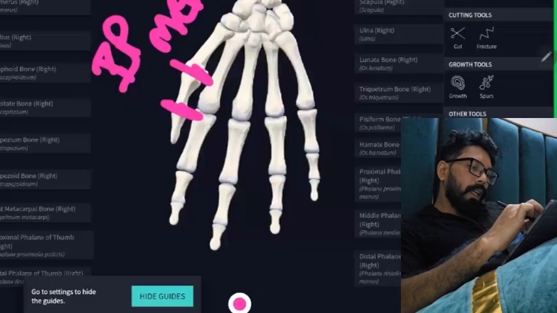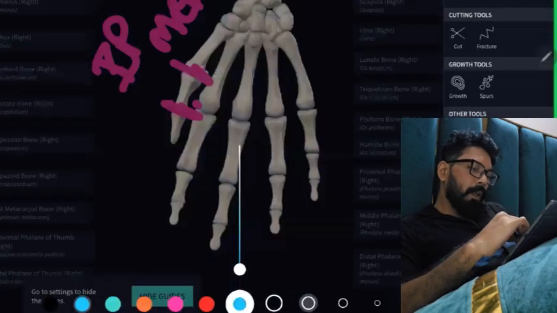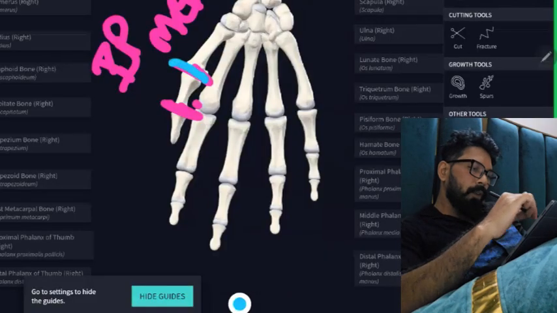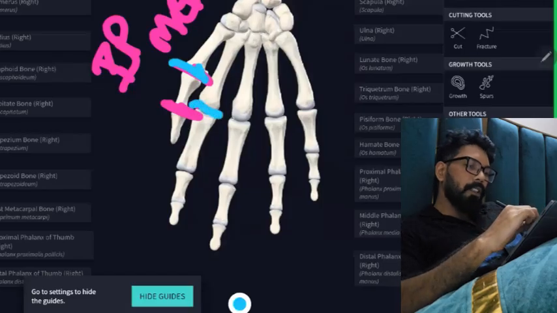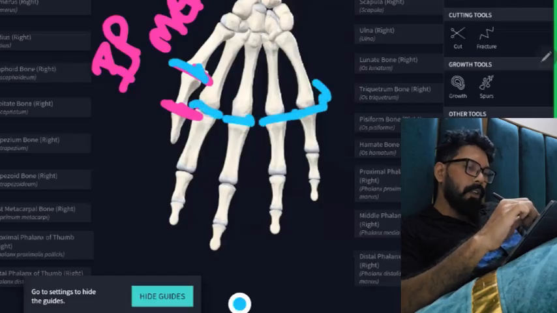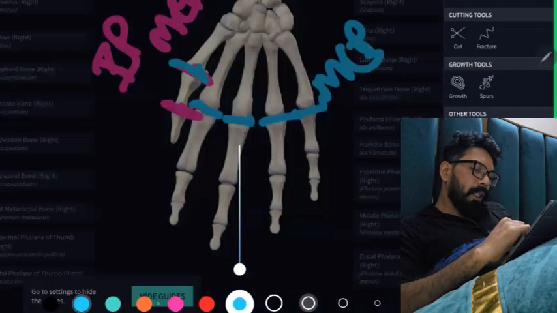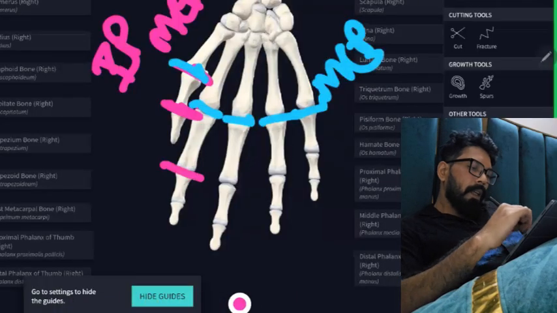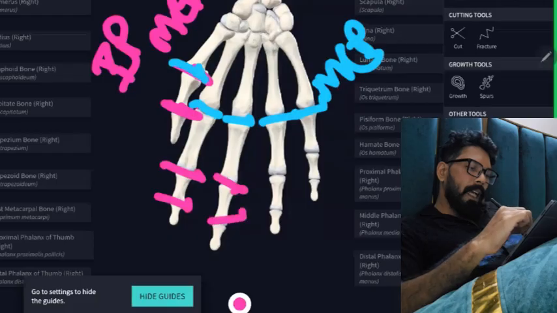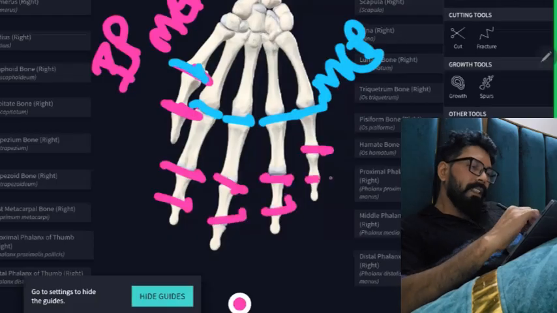So here let's mark the metacarpophalangeal joint in blue. This is the metacarpophalangeal joint, called MCP. Then the IP joints.